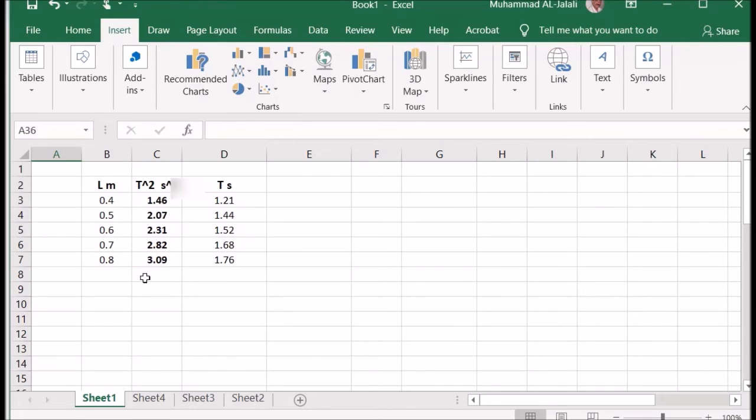Of course, we have to prepare T square to graph the relationship between T square and length.